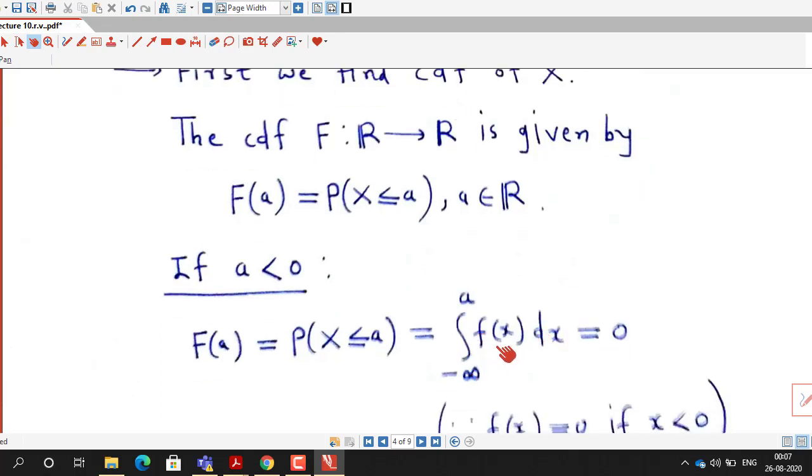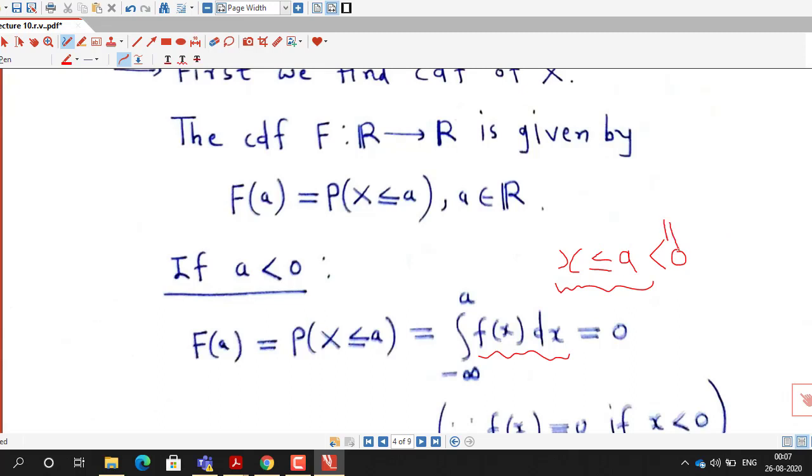Here we are integrating with respect to x from minus infinity to a, so small x is less than or equal to a, but a is negative.